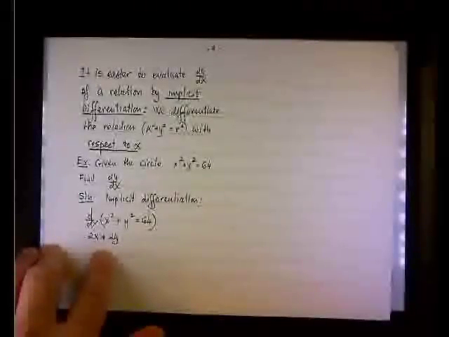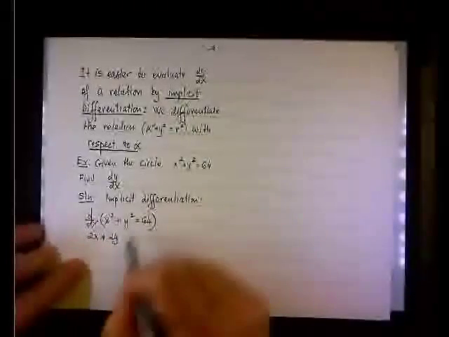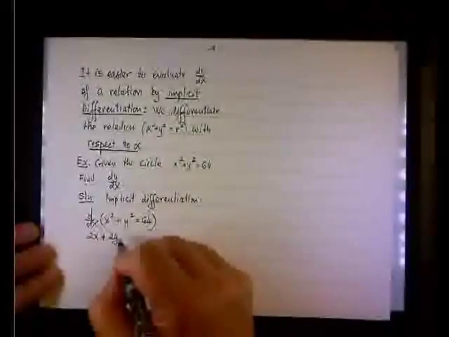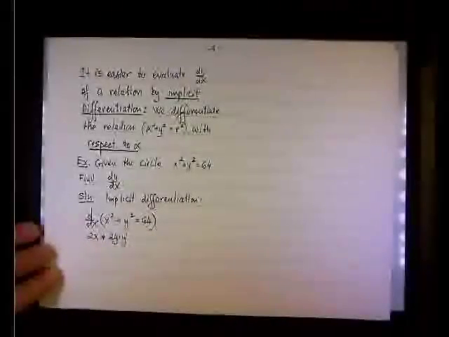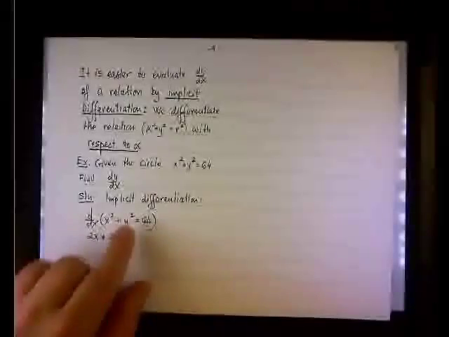So what does the chain rule tell us? It's d dy times dy dx, right? And what is the derivative of y with respect to x? We don't know. It's y prime. Matter of fact, that's what we want to find. Okay? And again, this is the fun part.